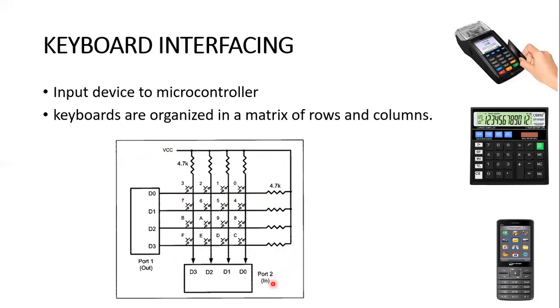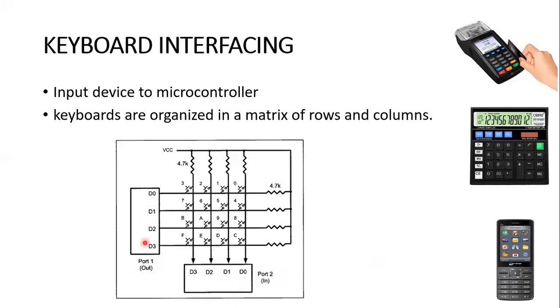When you connect the keyboard to the microcontroller, we generally connect the columns as an input to the microcontroller through port 2, whereas we connect the rows as an output of the microcontroller through port 1. Got it?